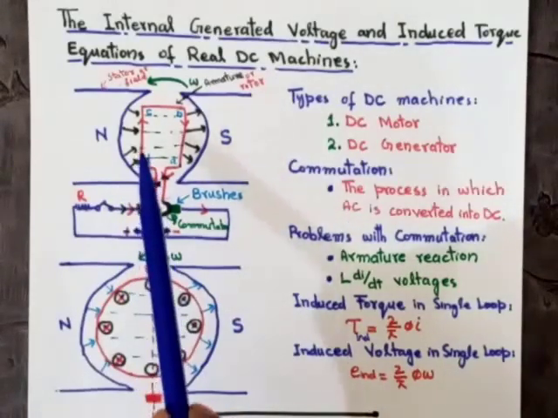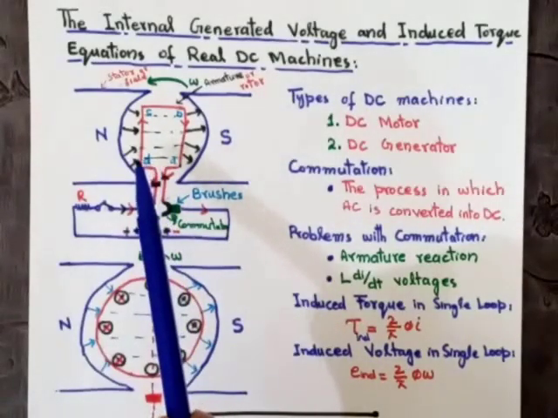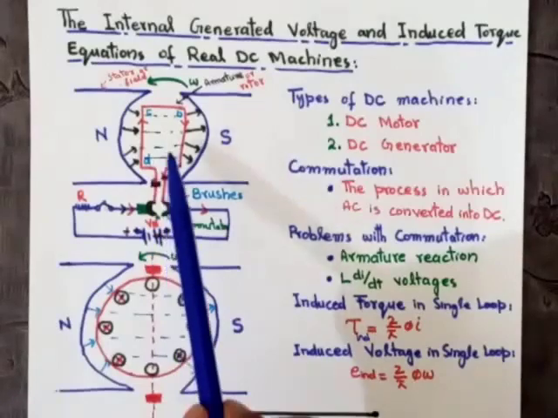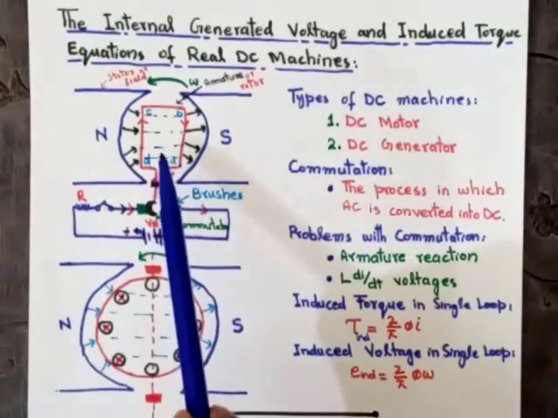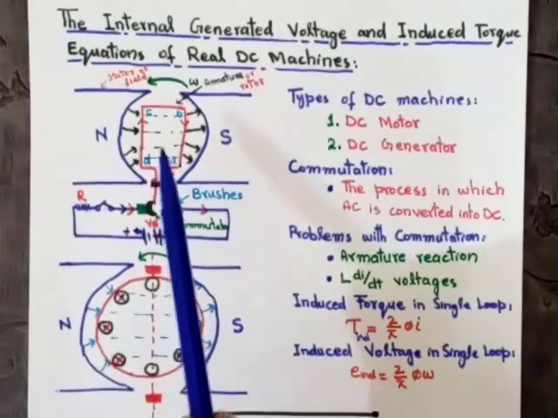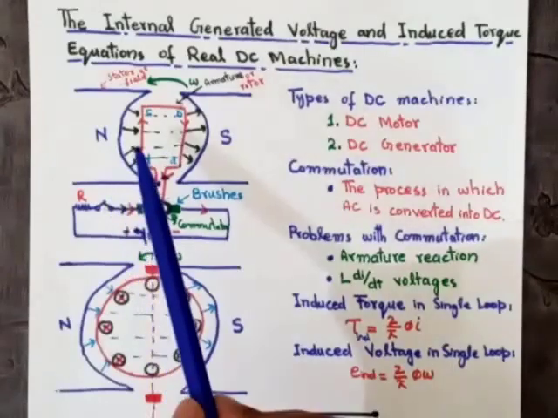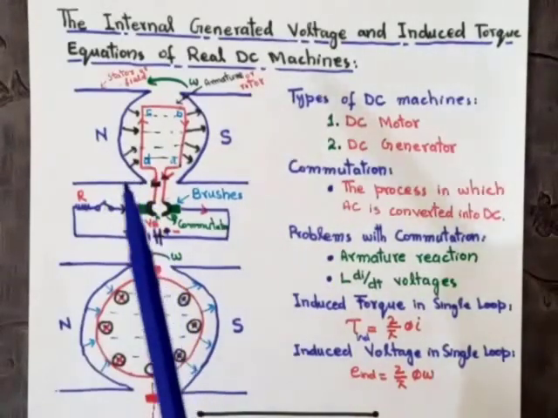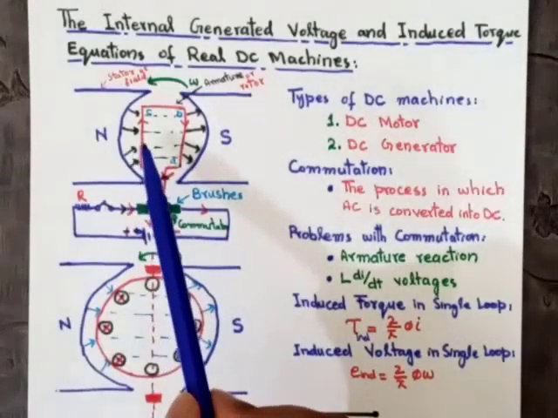Due to this, force is produced, and due to this force, torque is applied on the machine that rotates it. The direction of rotation of the rotor can be clockwise or anti-clockwise, depending on the direction of the force. The direction of the force depends on the direction of the current.